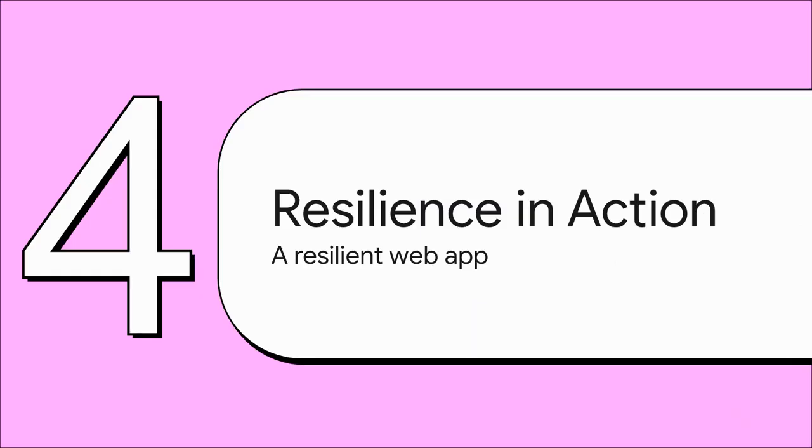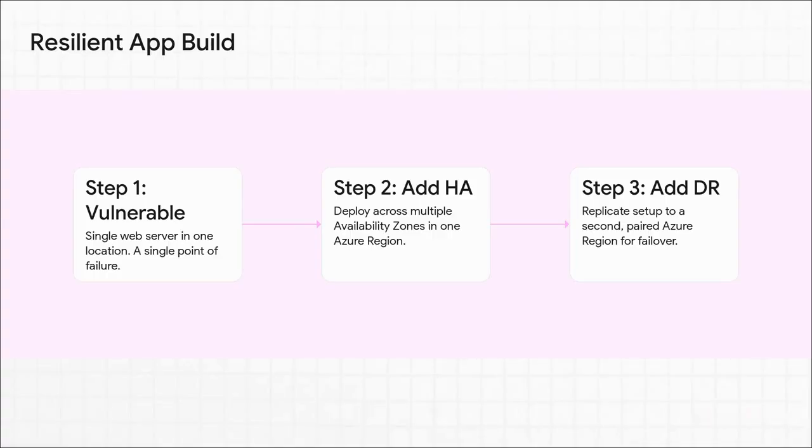Okay, enough theory, right? Let's see how this all plays out in the real world. We're going to take a super simple web application and we're going to build it up layer by layer from being fragile to being fully resilient, using actual Azure concepts. So, we start at step 1, a single web server. This is a classic single point of failure. If it goes down, your app is down. Simple as that.